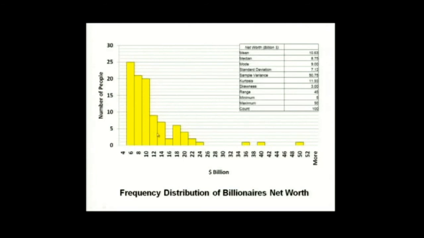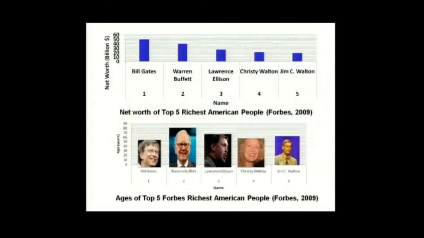So in essence, a histogram is a bar chart which reflects the frequencies of equally spaced classes of values of the variable under study, in this case the dollar value of the billionaires. A bar chart, on the other hand, may take different forms, with the vertical axis representing frequencies like the histogram, or other variables or other measures.